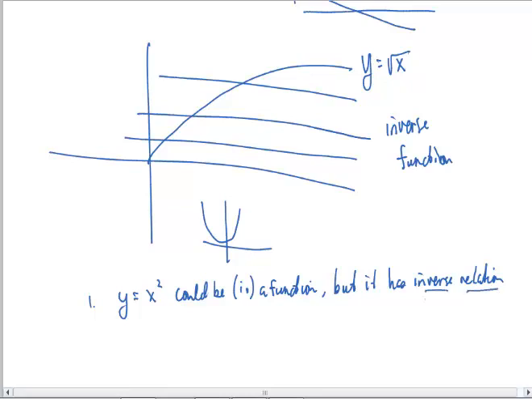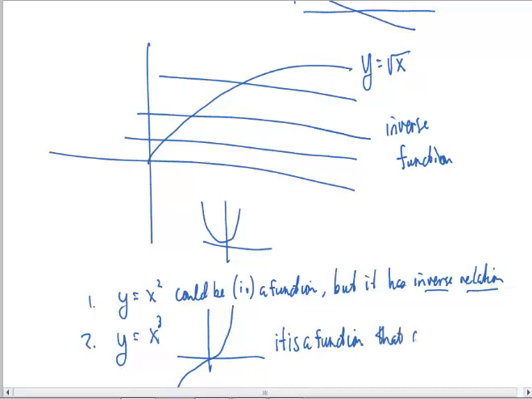Then the next scenario is a function like y equals x cubed. If you look at that, that's clearly a function. It passes the vertical line test, and it passes the horizontal line test. So because of that, it is a function that also has an inverse function.